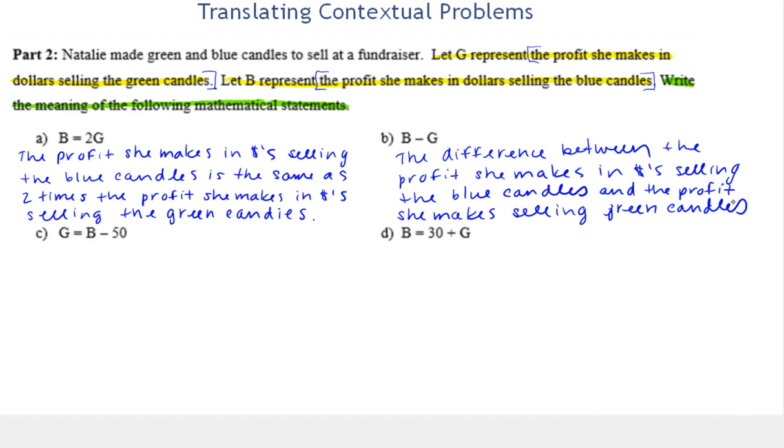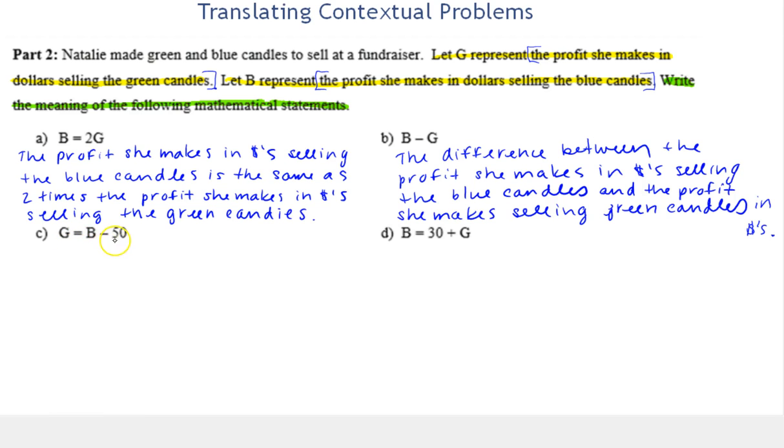Okay. So our entire phrase is the difference between the profit she makes in dollars selling the blue candles and the profit she makes selling green candles. And I left out dollars by accident, so I'll tack that on the end. She makes selling green candles. I'll just put in dollars. Okay. Let's look at the next one.